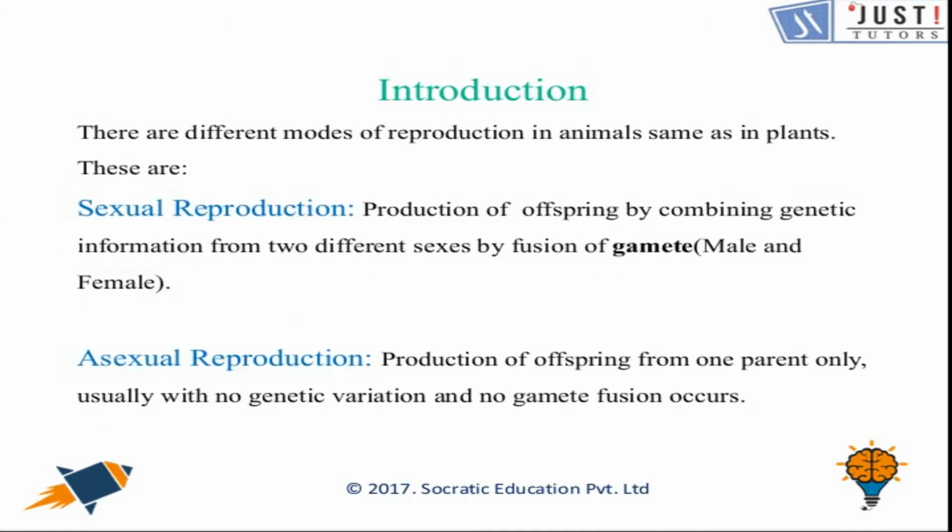Proceeding further, this slide talks about the two modes of reproduction. The first is sexual reproduction, production of offspring by combining genetic information from two different sexes by fusion of gametes. Here we have another important keyword, which is called gamete.